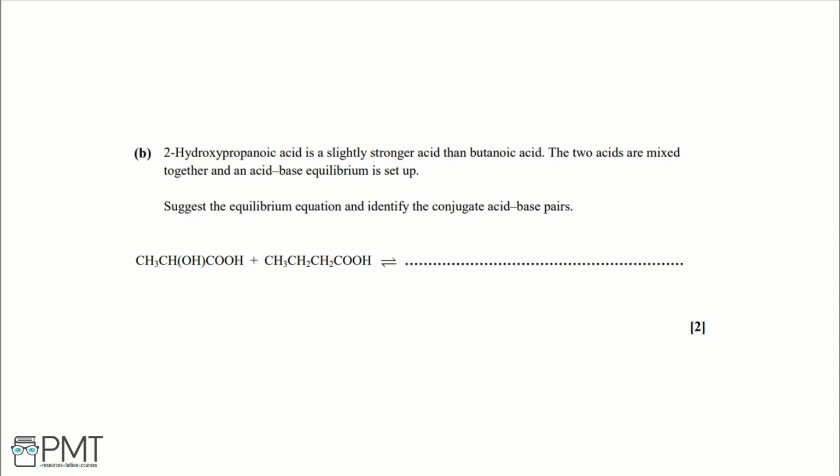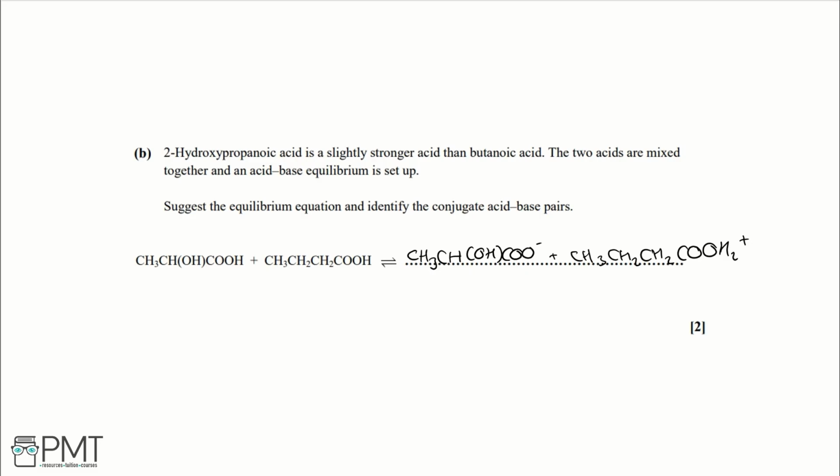Because 2-hydroxypropanoic acid is the stronger acid, it's going to make a conjugate base of CH3CHOHCOO minus. And then because butanoic acid is the base in this situation, it's going to make a conjugate acid of CH3CH2CH2COOH2 plus.